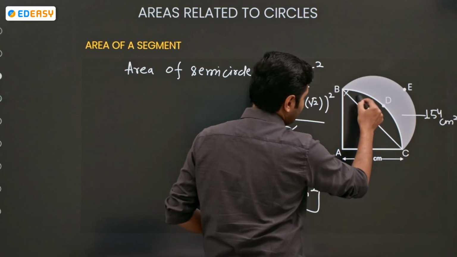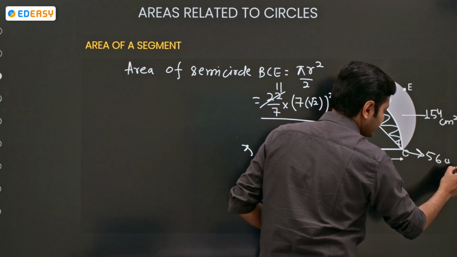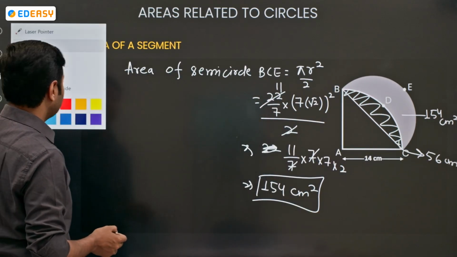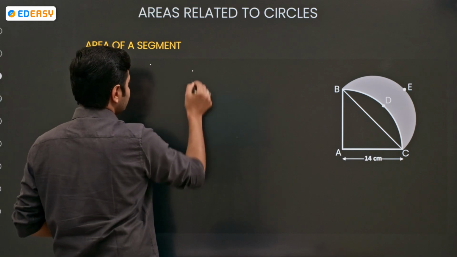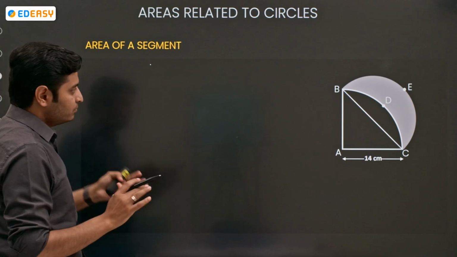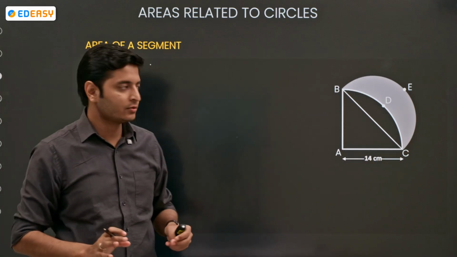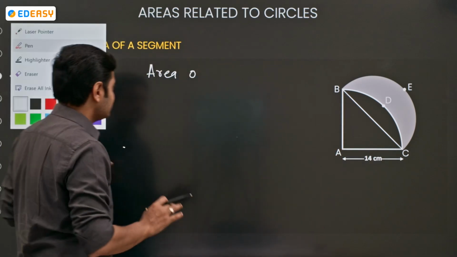We know the area of this segment, that was 56 centimeter square. So we need to subtract these two values only, correct? So let me erase everything. Basically we know the area of this semicircle, that is 154 centimeter square, and also we know the area of this segment, that is 56 centimeter square.